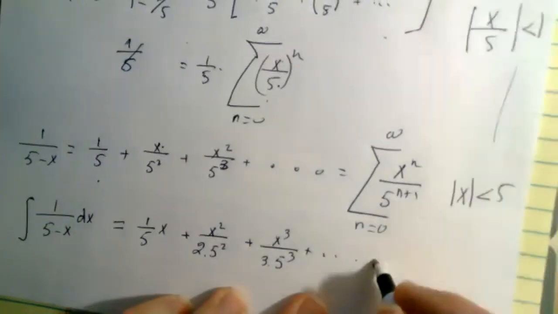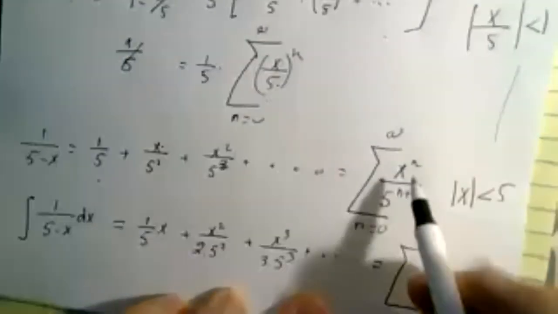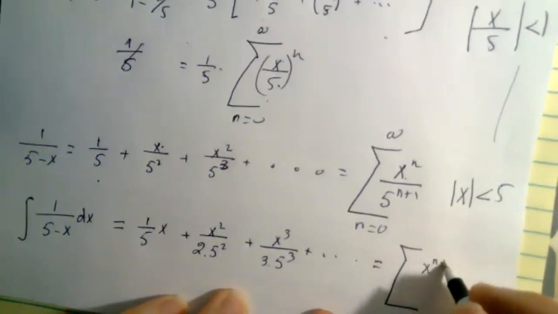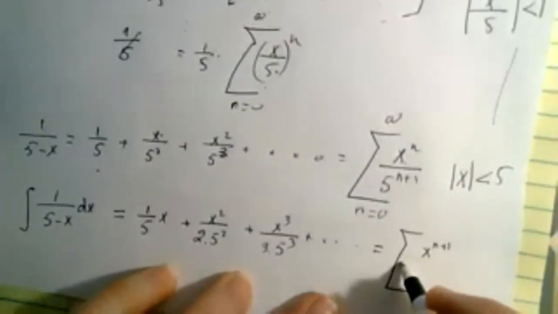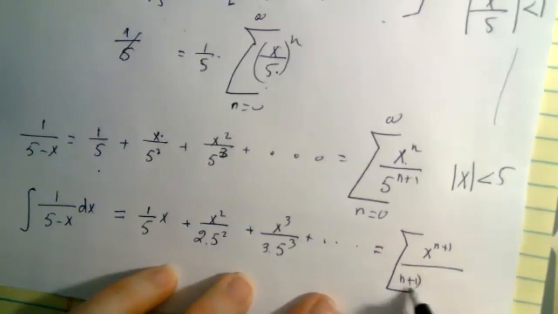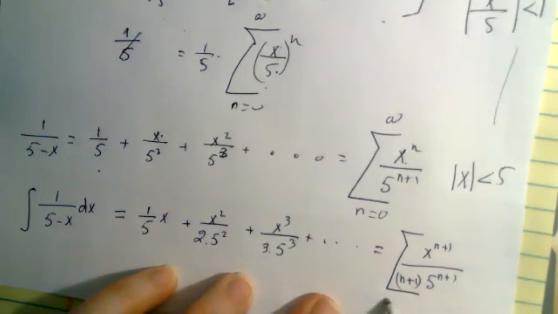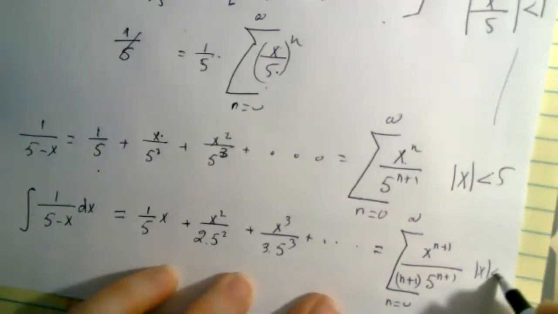So in sigma notation, the antiderivative of x to the n is x to the n plus 1 over n plus 1, times 5 to the n plus 1, my n goes from 0 to infinity, and x is less than 5.